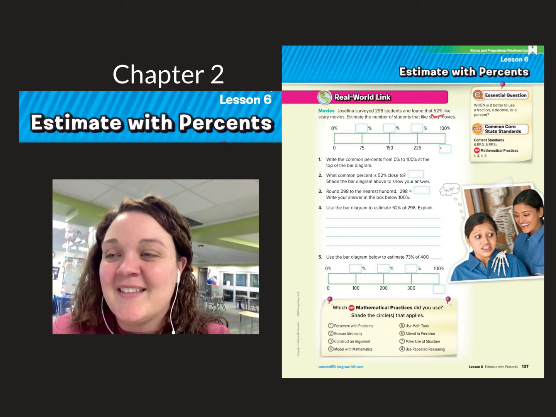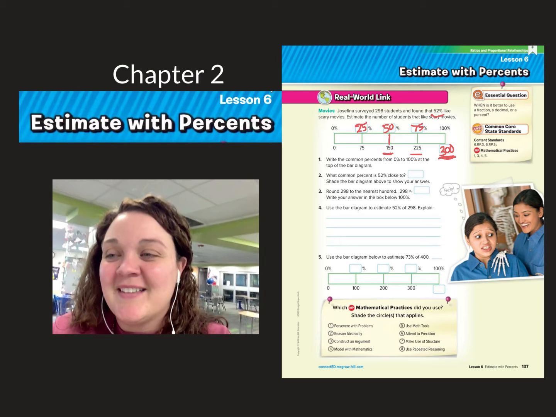If we know the total is 300, because 298 is almost 300, and I cut that in half, I'd get 150. So 150 would be 50%. Then if I went halfway between 150 and 300, I get 225, and that would be 75%. And then 75 would be 25%.